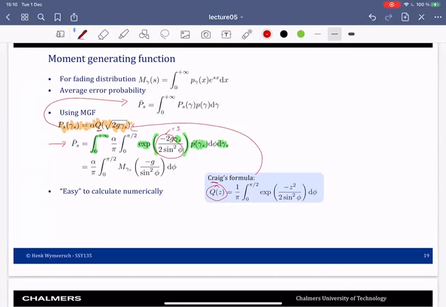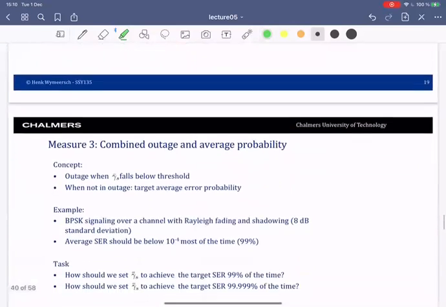And if you now look at the definition of the moment generating function here, you see that it's identical. So then you can plug this in and you obtain the moment generating function evaluated at this value of s, and then you integrate over this additional variable phi. And the nice thing now is you have a finite domain here, and then you can compute this very easily numerically using your favorite numerical integration method. Okay, so this is just a technique to compute average error probability.